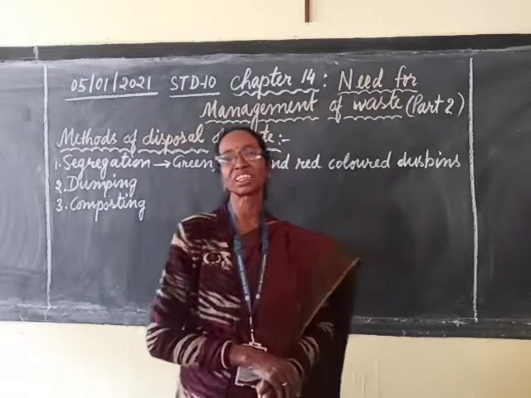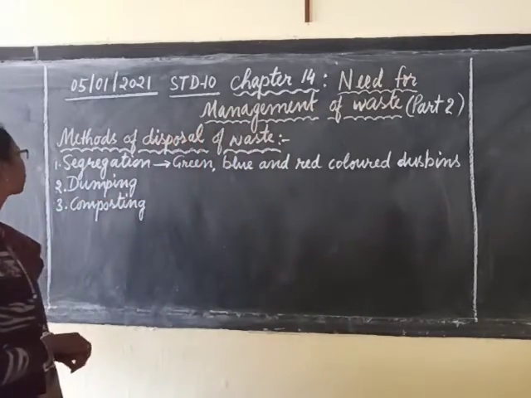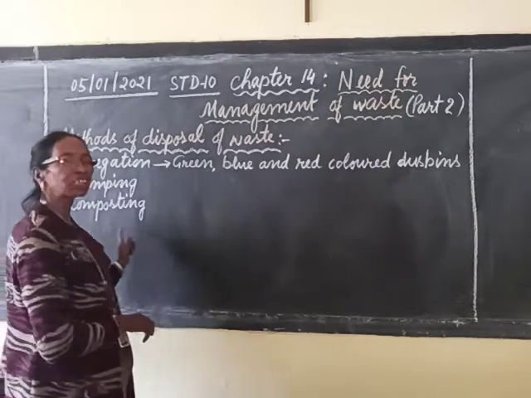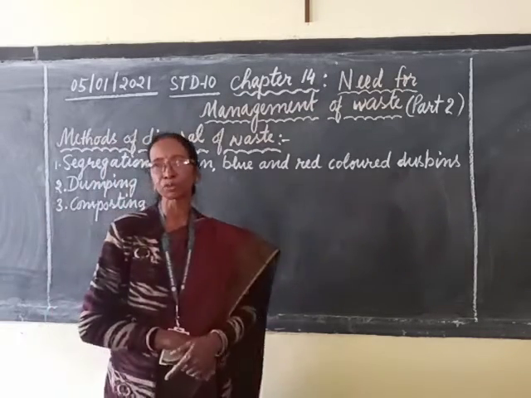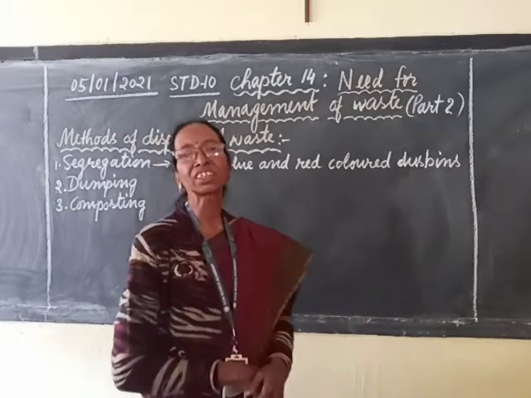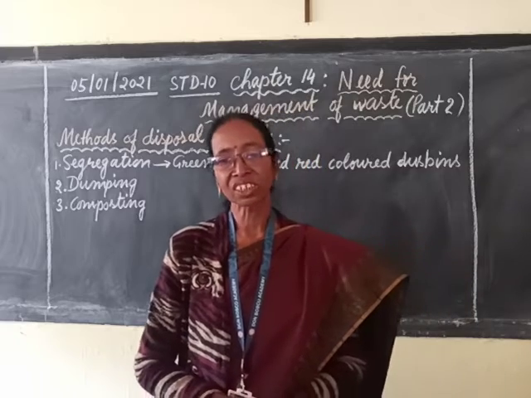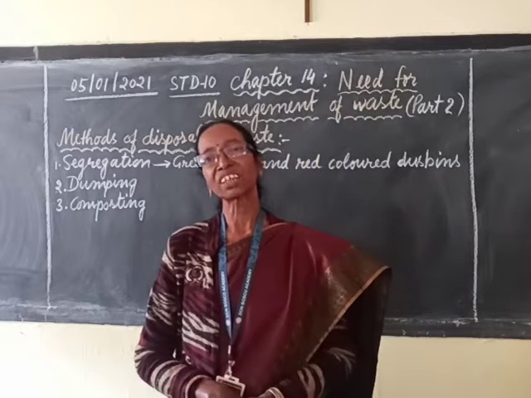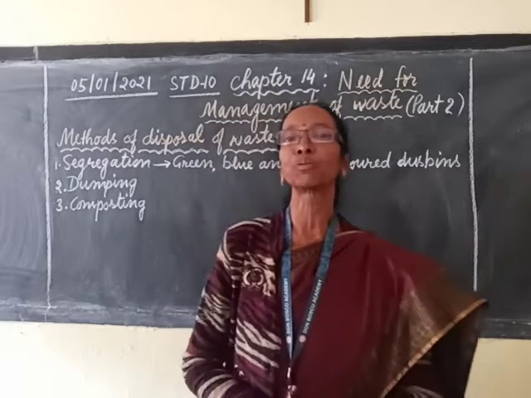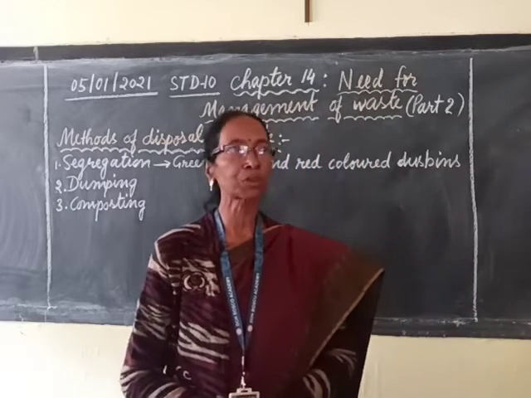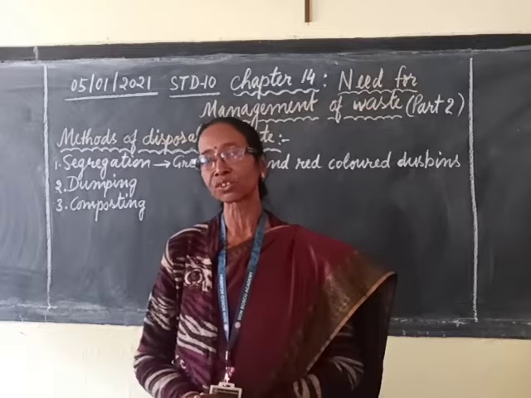So these three methods are very important for the decomposition of the biodegradable solid materials. And nowadays in the cities and towns, in the housing colonies, waste is being collected in large quantity and biogas is being produced. So that is also reducing the waste material from the city areas and towns.